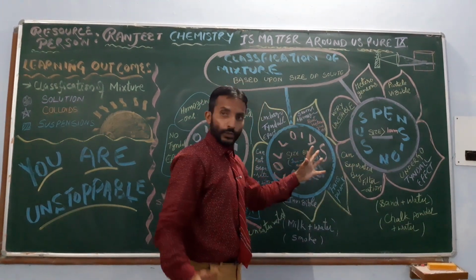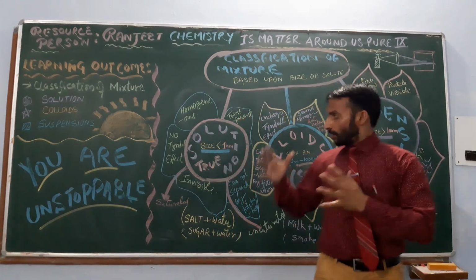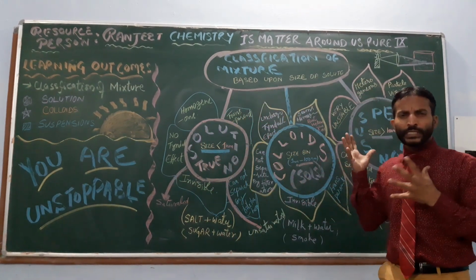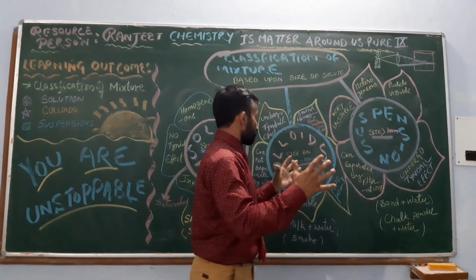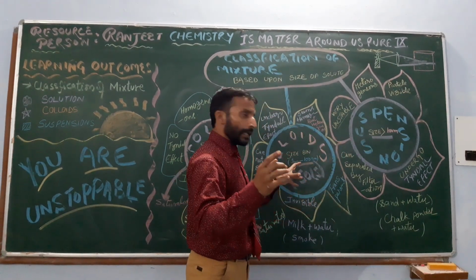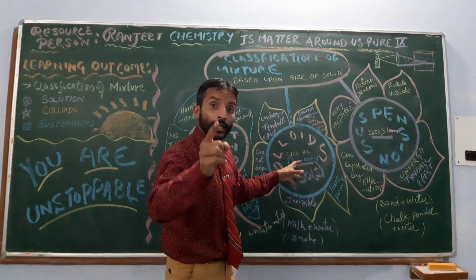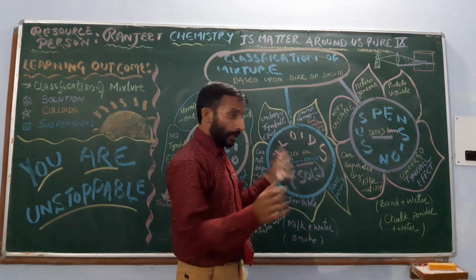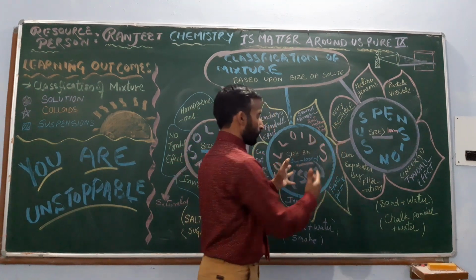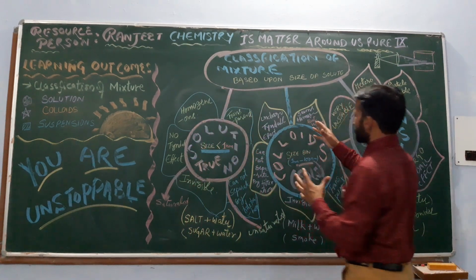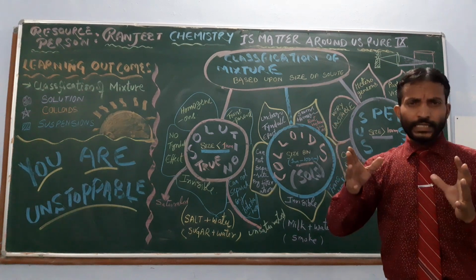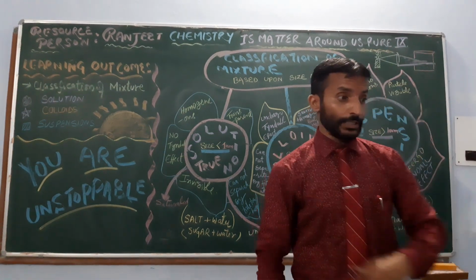Now the second is the colloidal solution. It is also known as sol. Here the size of particles is between 1 nanometer and 100 nanometers. Regarding other properties, it seems homogeneous, but it is heterogeneous.